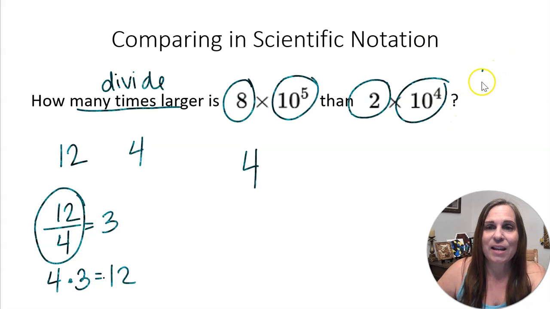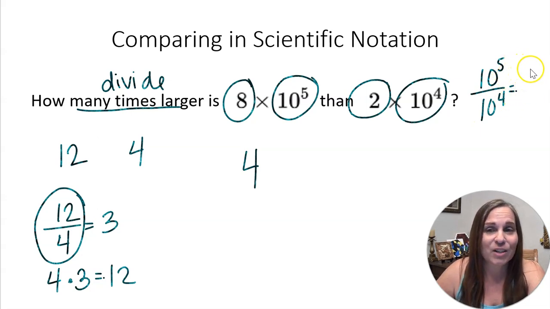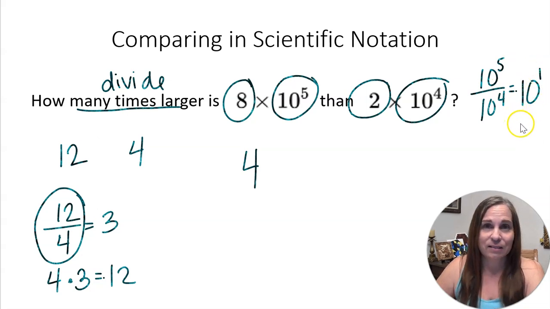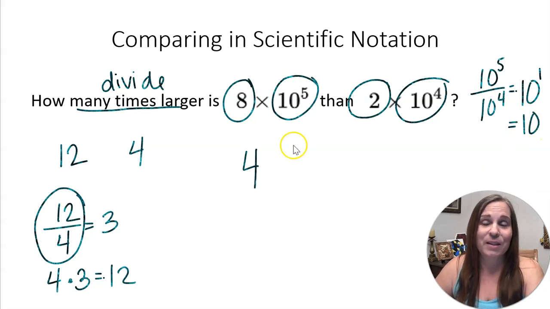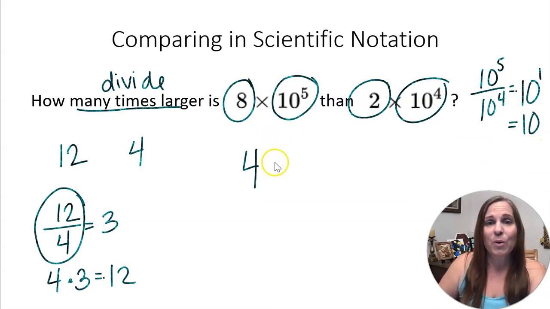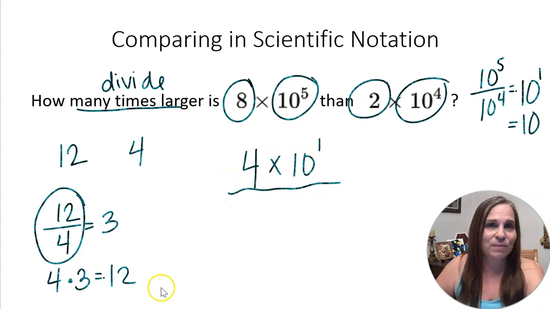So we've got 10 to the 5th divided by 10 to the 4th. 5 minus 4 is 1. Or I could just write 10, right? 10 to the 1st is the same thing as 10. So I get 4 times 10 to the 1st if I want my answer in scientific notation.